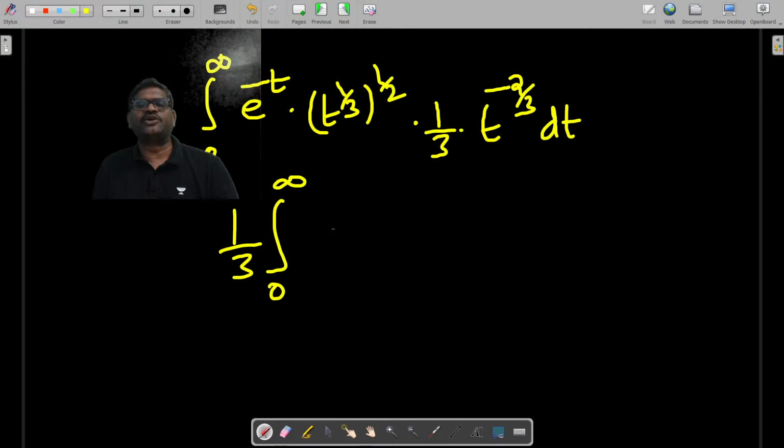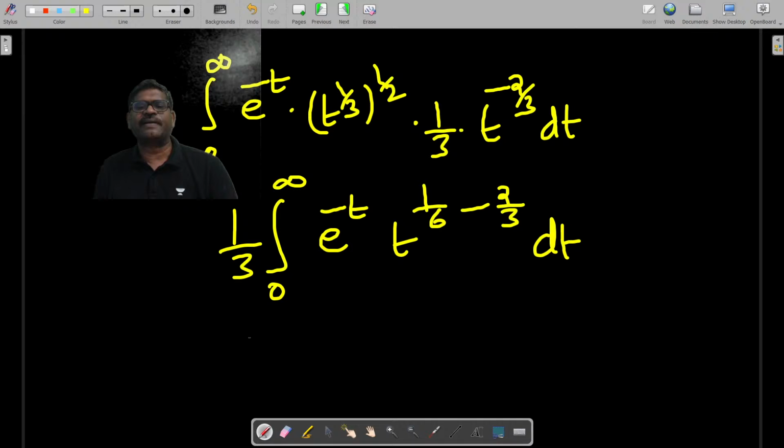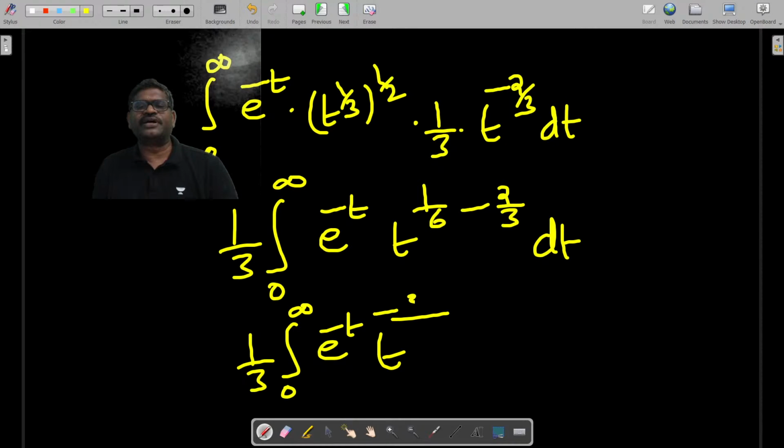So 1 by 3 into integral 0 to infinity e power minus t, t power 1 by 6 minus 2 by 3 dt, that is t power minus 3 by 6 dt.